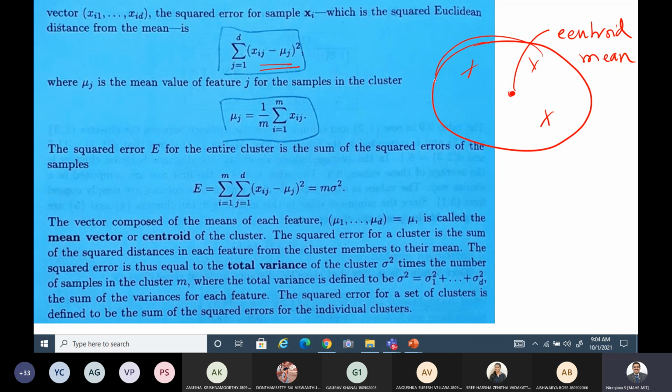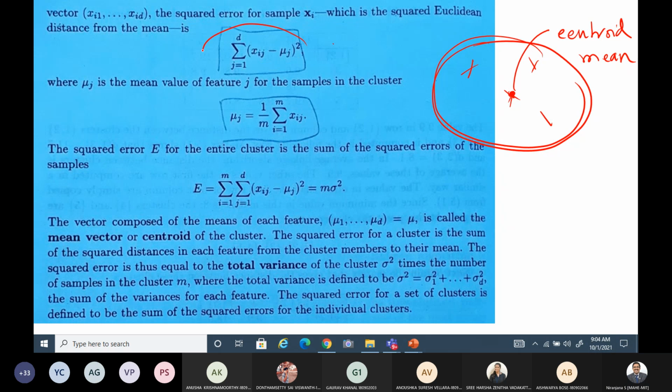Say this is a cluster and this is the center of the cluster; when a sample is away from that, that shows dissimilarity. That is what they quantify as an error from the mean. That is why squared error is estimated with respect to the mean of the cluster here. So that is what you can see explained.